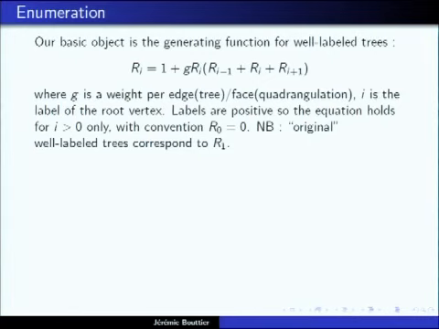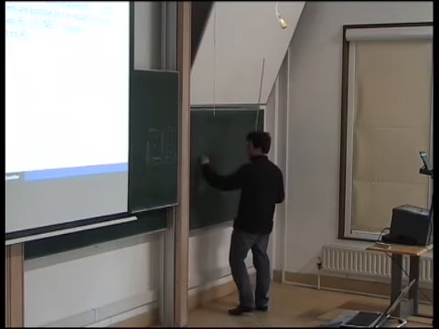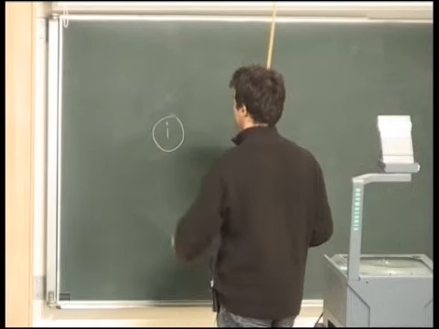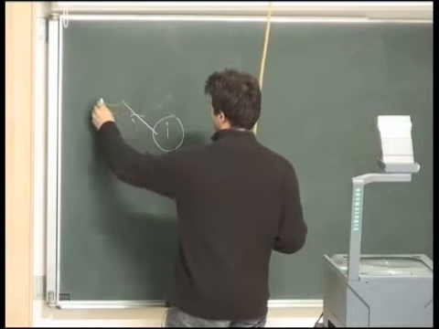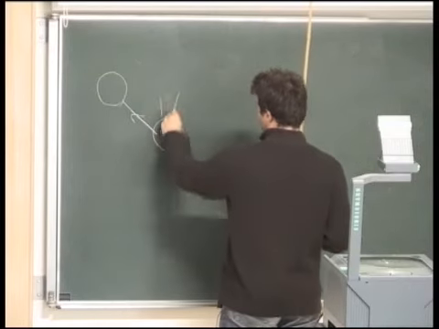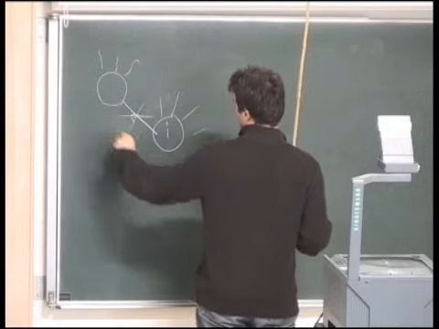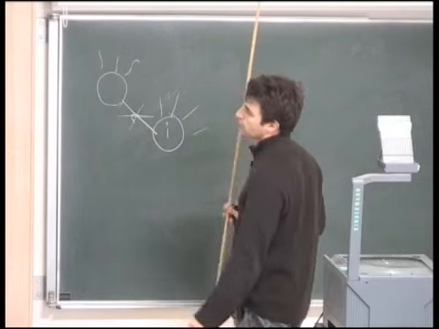This is the equation. To understand it, imagine that you have a tree rooted at some vertex i, and it has a root edge like this. This connects to some vertex, and then you have possibly other edges here and here. If you just cut the edge, you remove this edge, what remains?